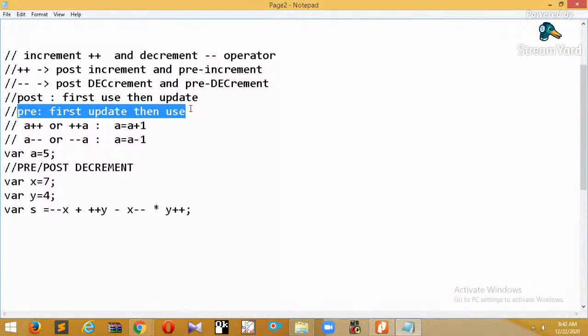First update, then use. First update, then use means what? First of all, you have to update the value here. Here minus minus is given, so you have to update by 1. I'm doing rough calculation, so I'm showing each step. I will not run this in the browser.